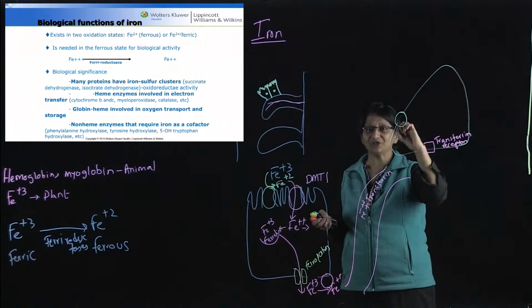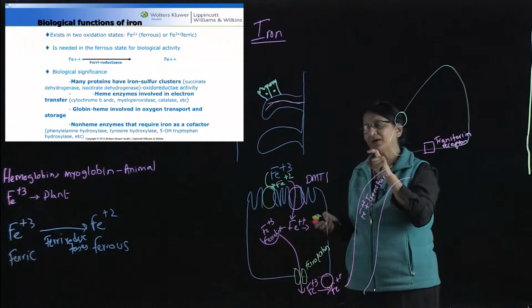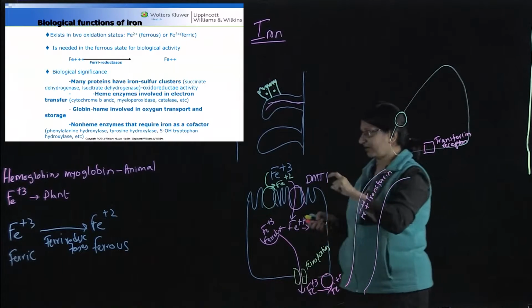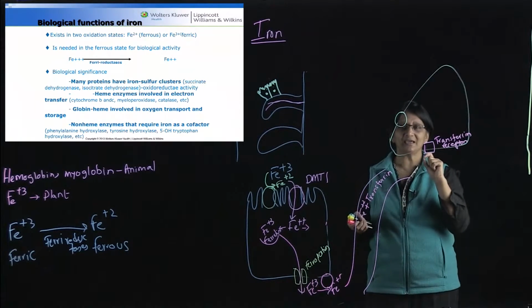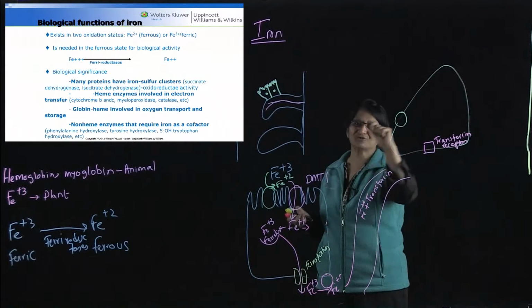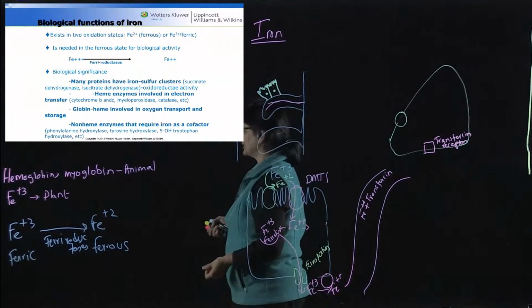It is the heme, as a part of that particular cytochrome B, that helps the transfer of that electron. So that's another function of iron.